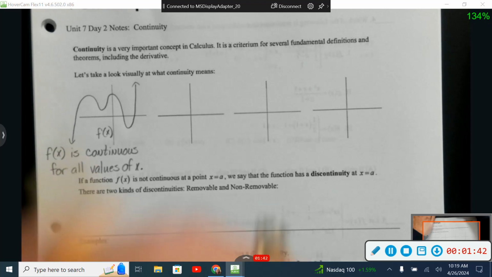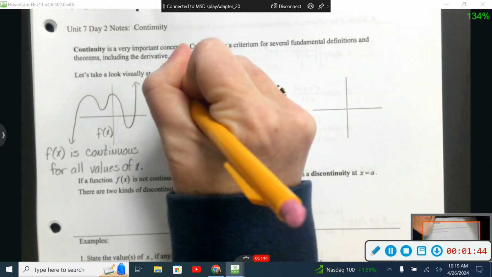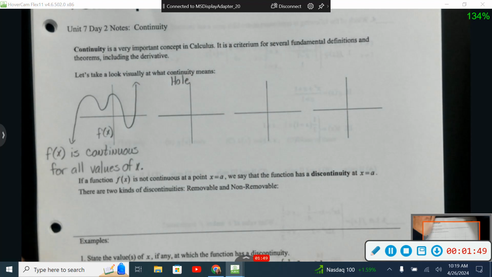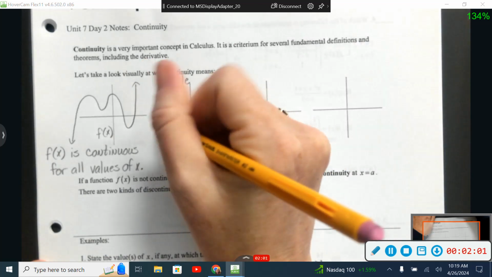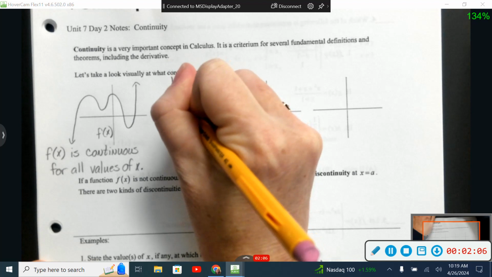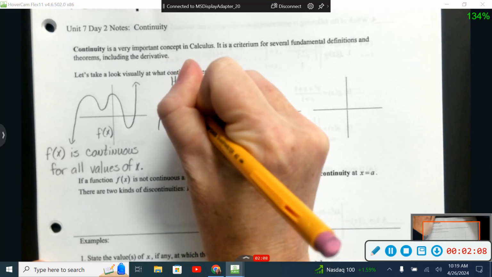All right. Our next type is when we have a hole in the graph. When we see a graph that has a hole in it, I would have to pick up my pencil to draw the graph and jump over the hole. So this is our first type of discontinuous graph, or discontinuity. Let me draw a little picture of what that looks like. Maybe something like this.